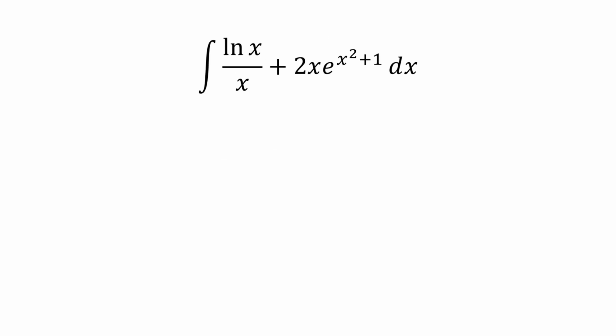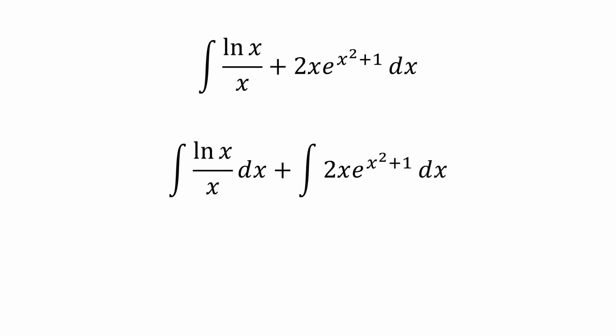Lastly, we evaluate the integral of ln of x all over x plus 2x e to the x squared plus 1 dx. We begin by applying the sum rule to obtain the integral of ln of x all over x dx plus the integral of 2x e to the x squared plus 1 dx.